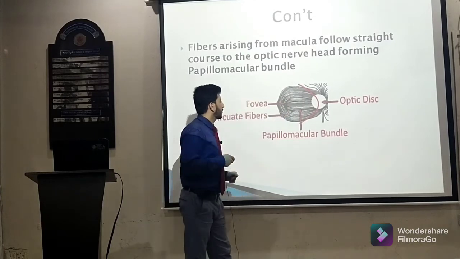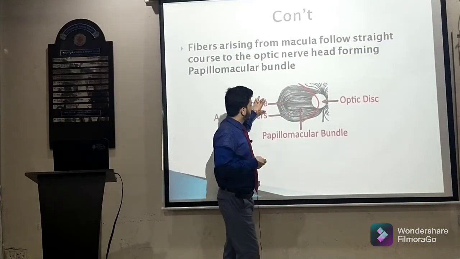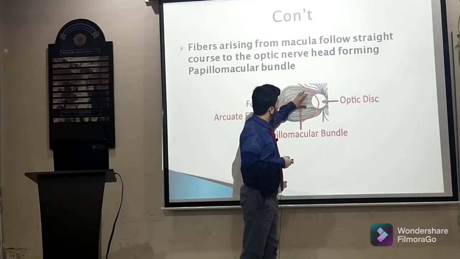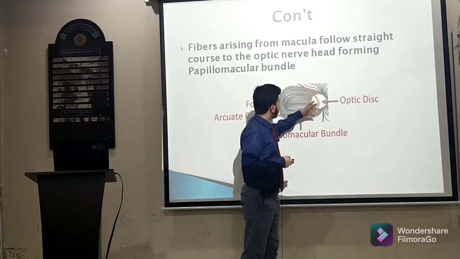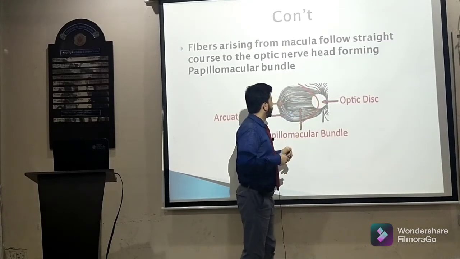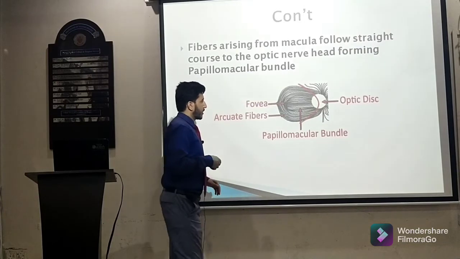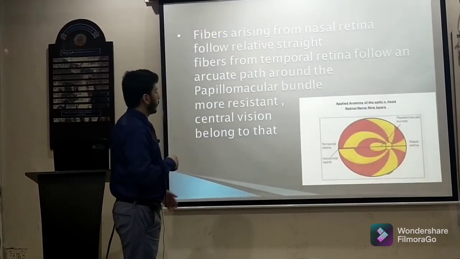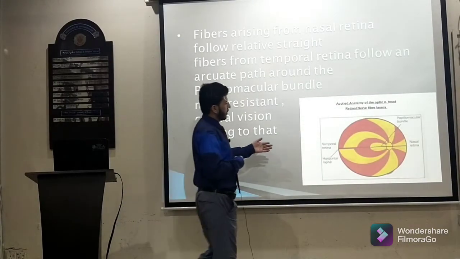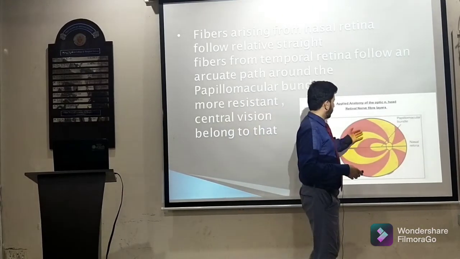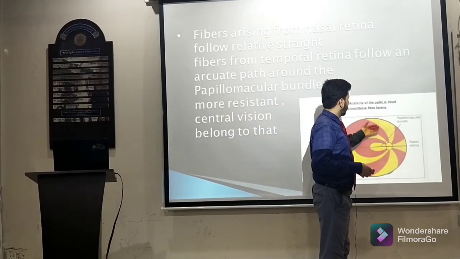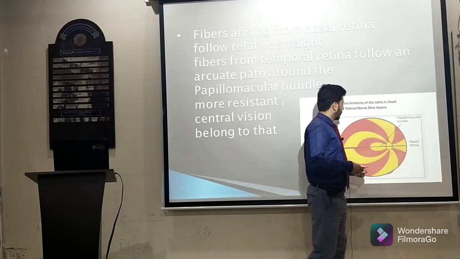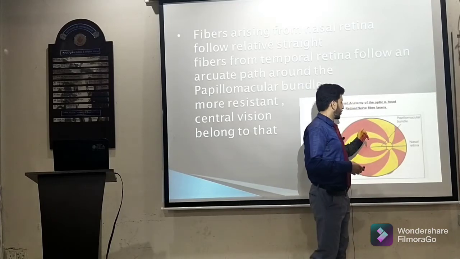This is the papillomacular bundle coming from the macula to the optic nerve. It is very straight to the optic nerve. But the other fibers, which are coming from the temporal retina or from the nasal retina, are not very straight.